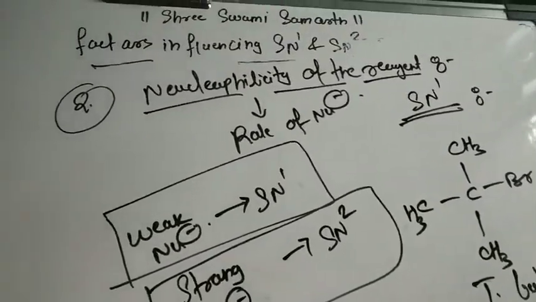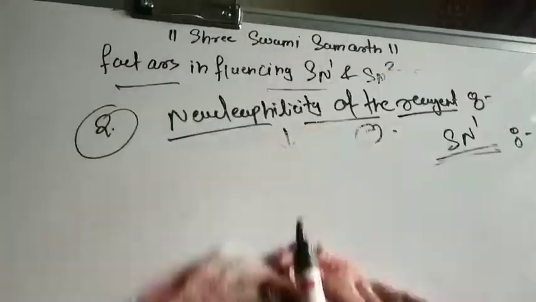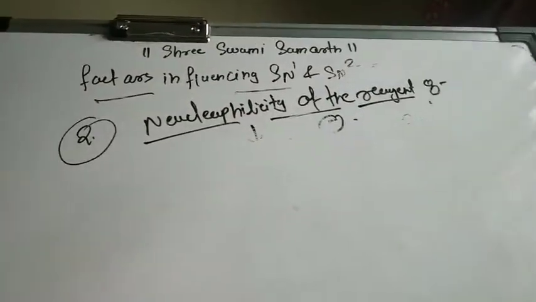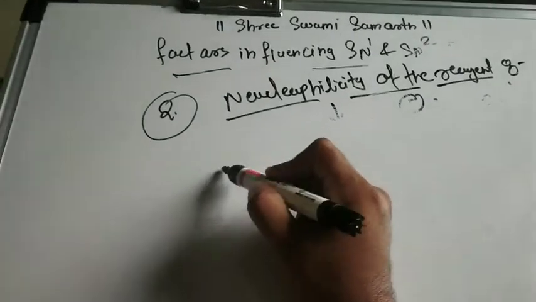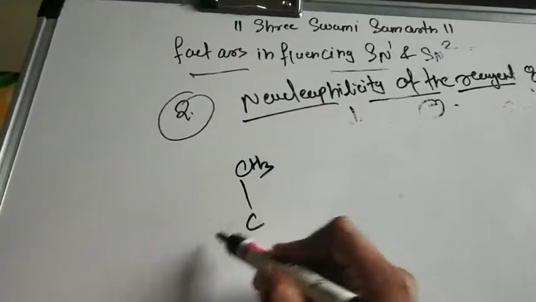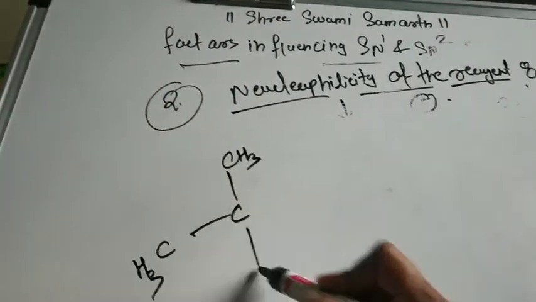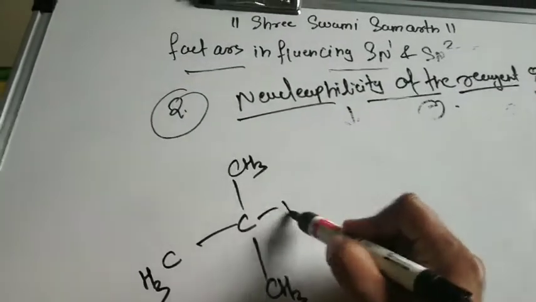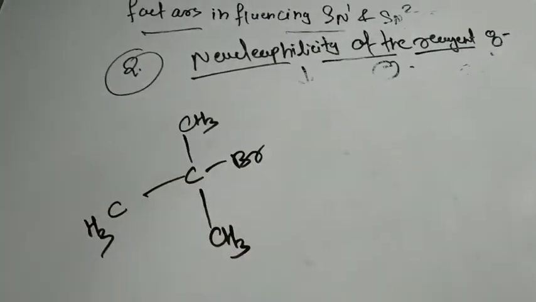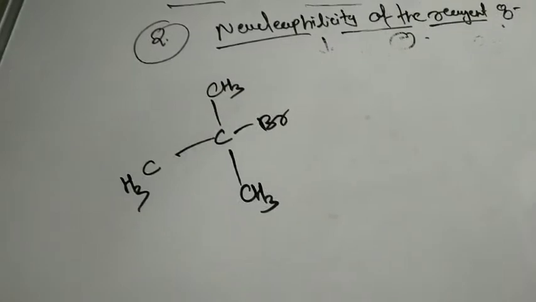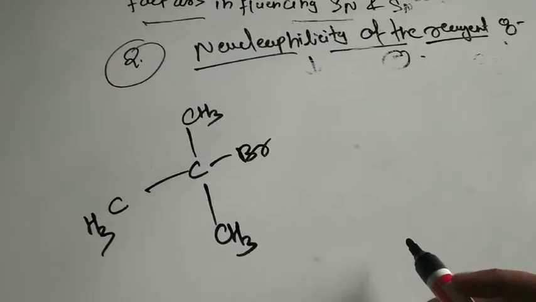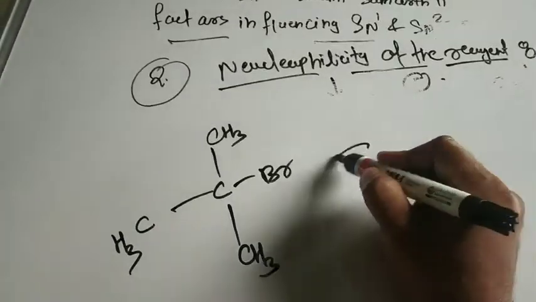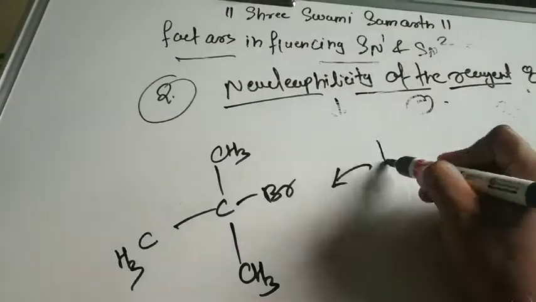I'll show it properly. So what happens here? We have taken the tertiary butyl bromide, right? Now in this particular tertiary butyl bromide, we know that the nucleophile does not attack in the first step.